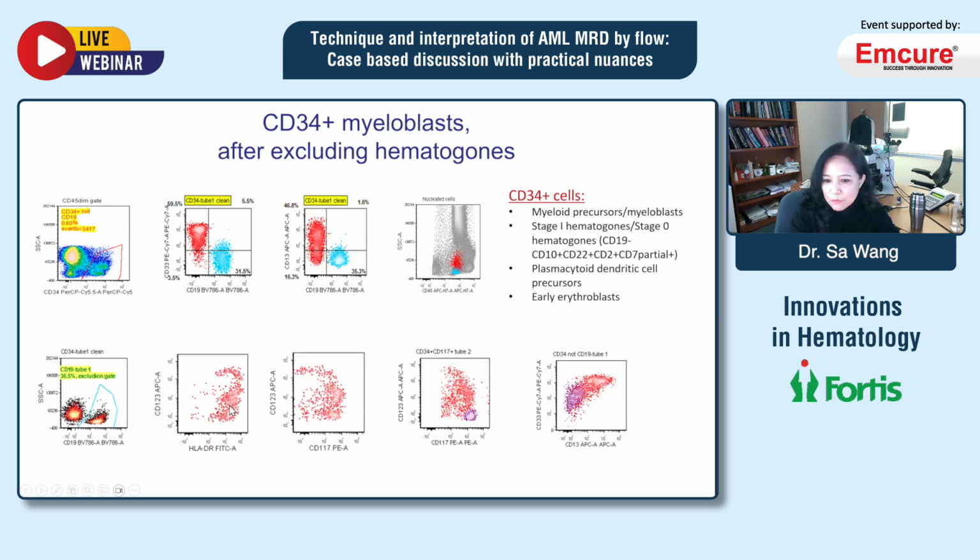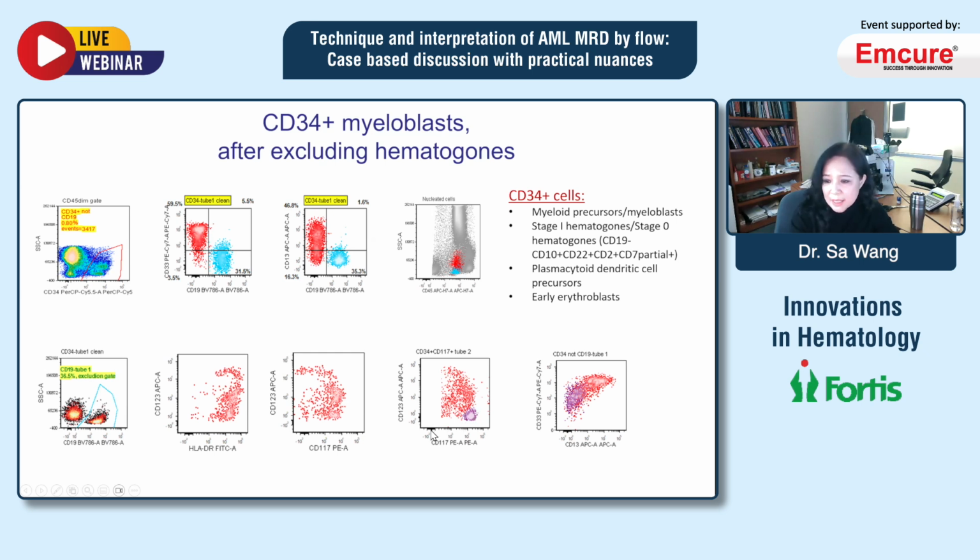But even the CD34 in normal bone marrows shows very diverse populations. These are all CD34 positive cells. But as you know, you have plasmacytoid dendritic cell precursors here. You even have probably a little bit of monocytic precursor or basophil precursors. You have a lot of erythroid precursors.